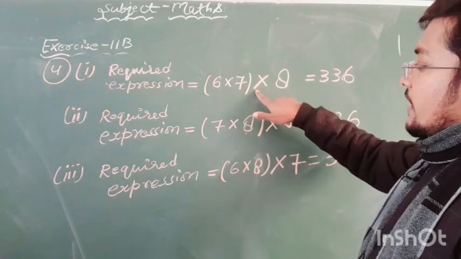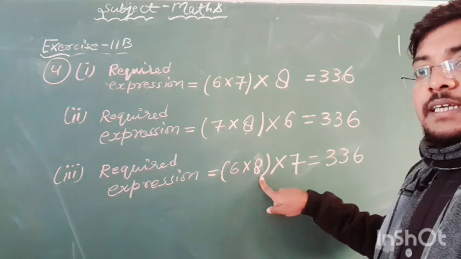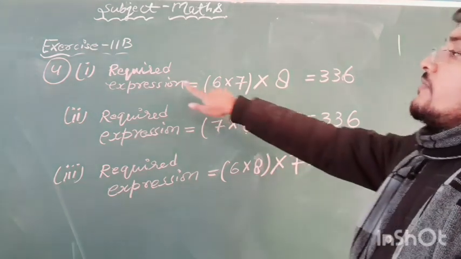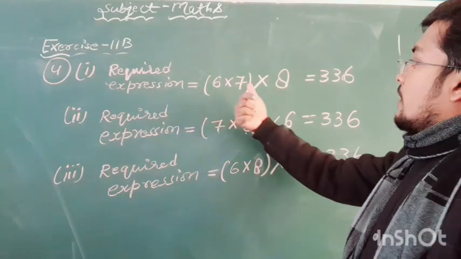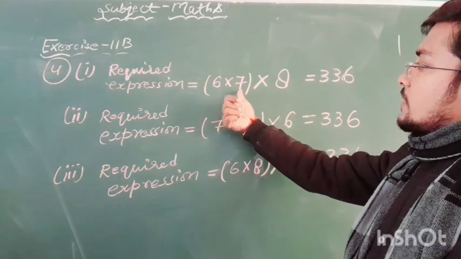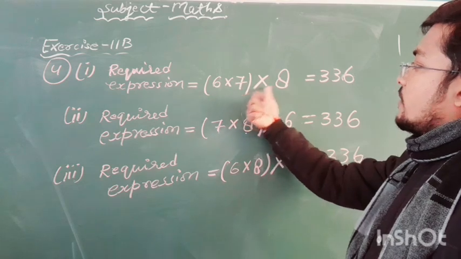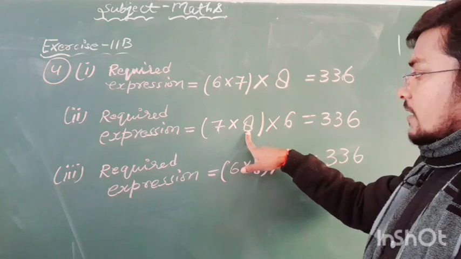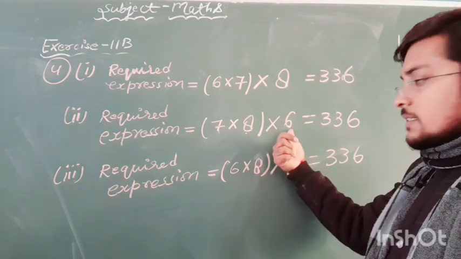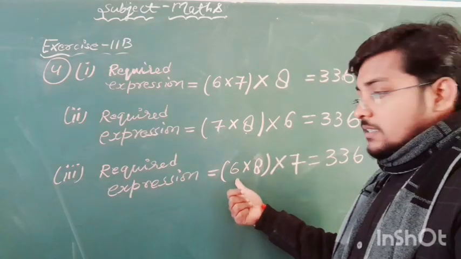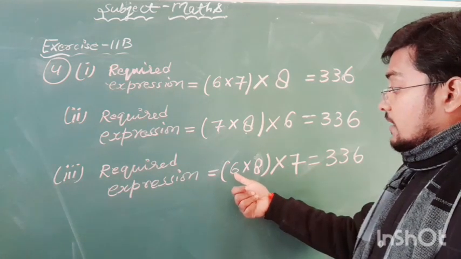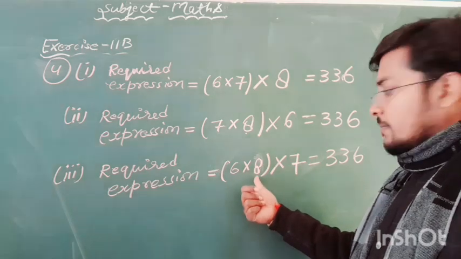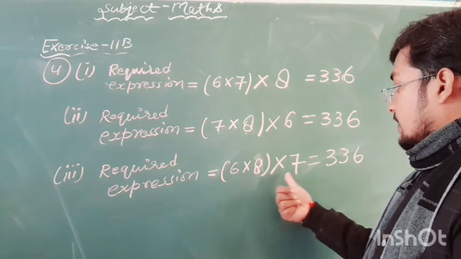So these are three ways to write the numerical expression of the given sentences. In the first sentence we write the expression 6 into 7 in round bracket into 8, in the second expression we write 7 into 8 in round bracket, after that multiplied by 6, and in the last, which is the third sentence, we write the numerical expression 6 into 8 in round bracket, after that multiplied by 7.